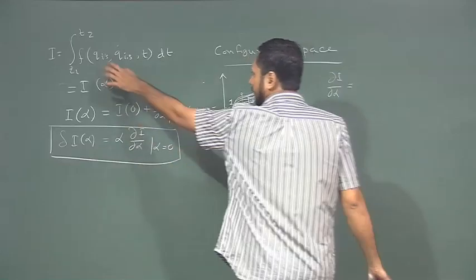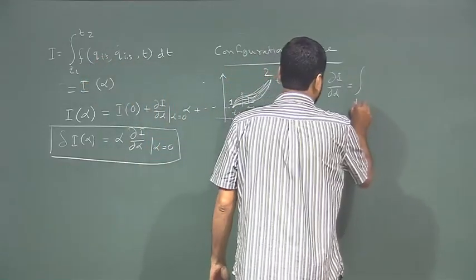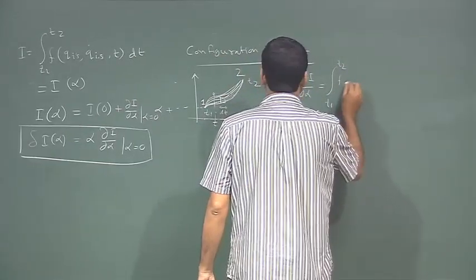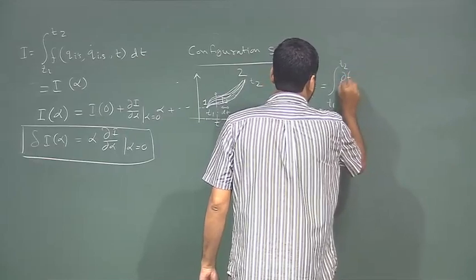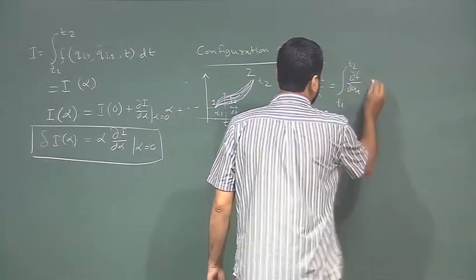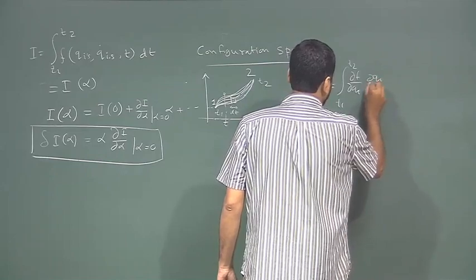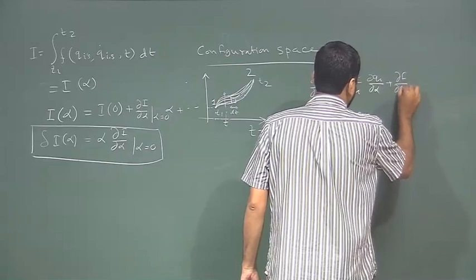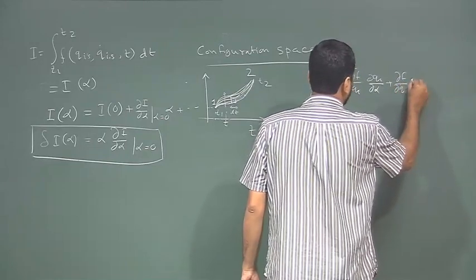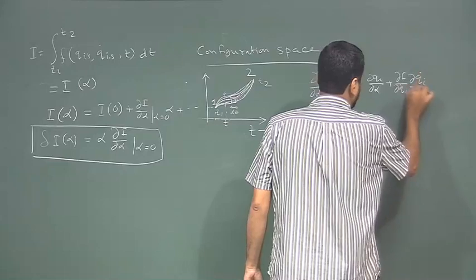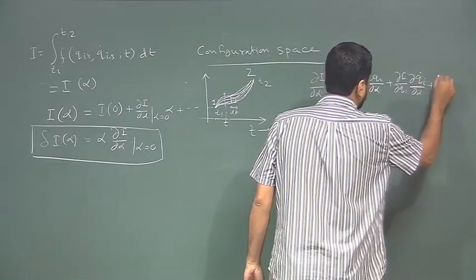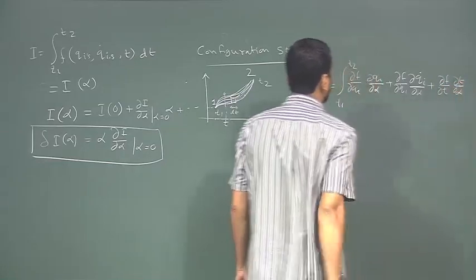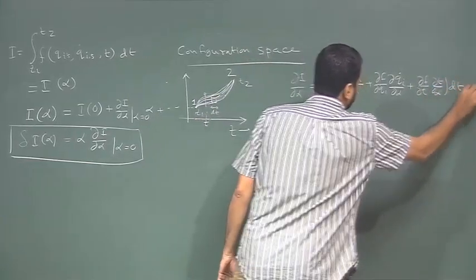Going by this, it is nothing but the integral from t1 to t2 of del f del q_i del q_i del alpha plus del f del q_i dot del q_i dot del alpha plus del f del t del t del alpha, integration dt.